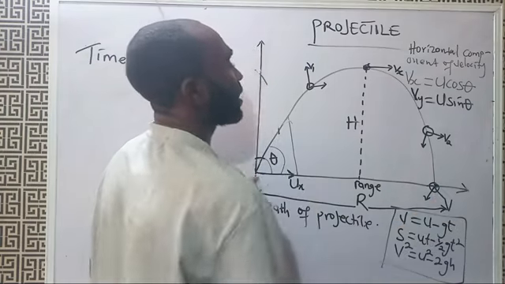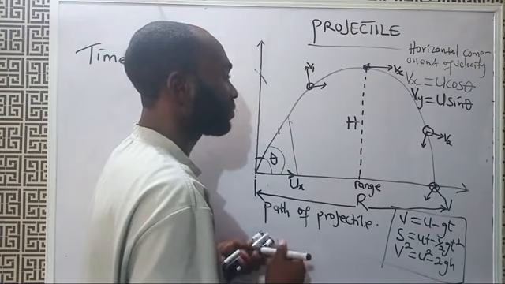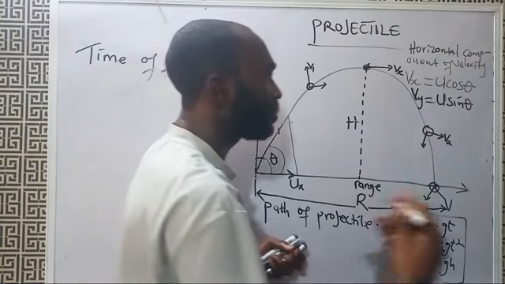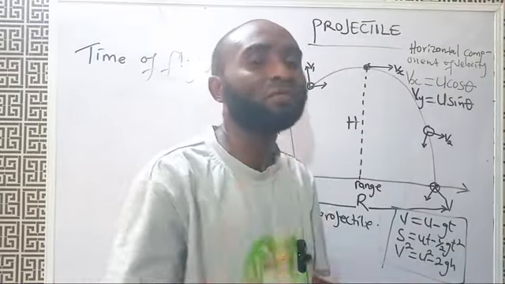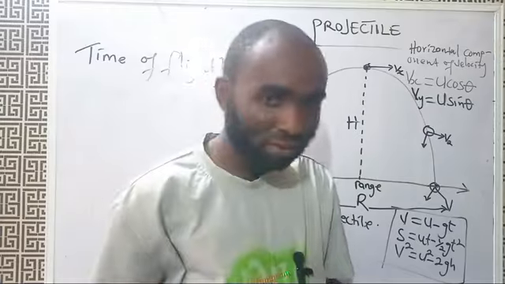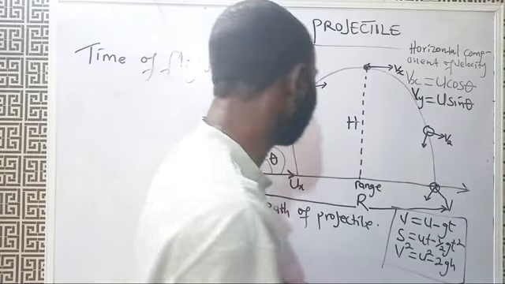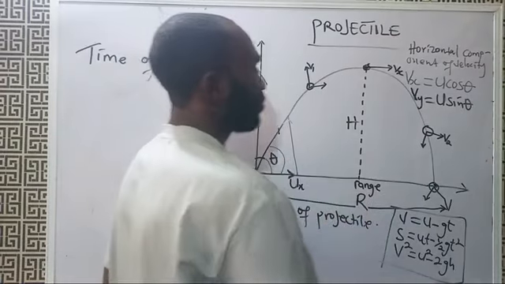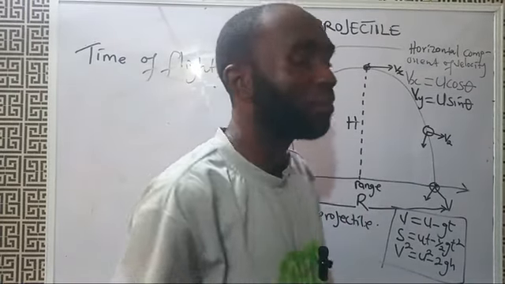That is the total time of flight. So the time of flight is the time taken for a projectile to complete its motion, between the point of projection and the point of hit.